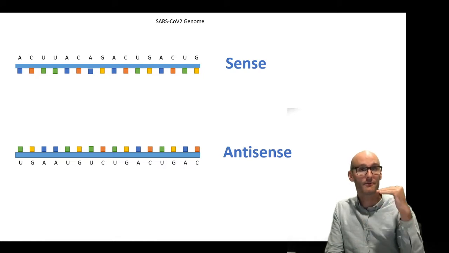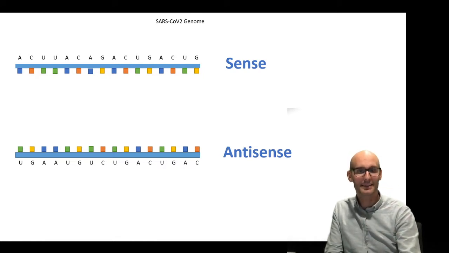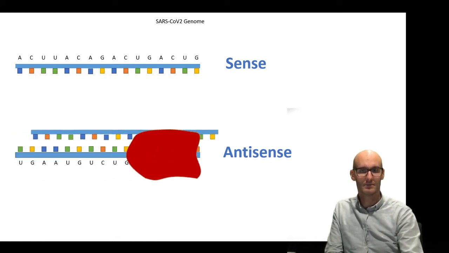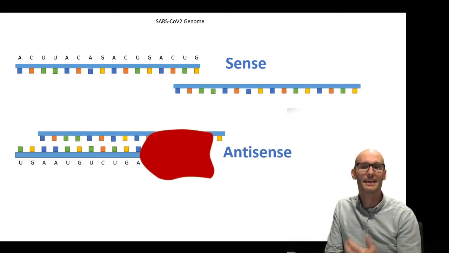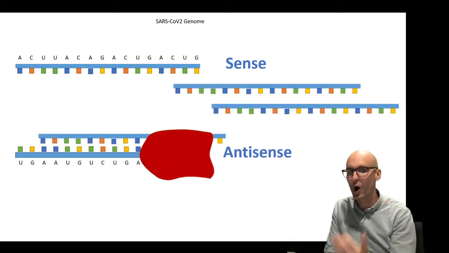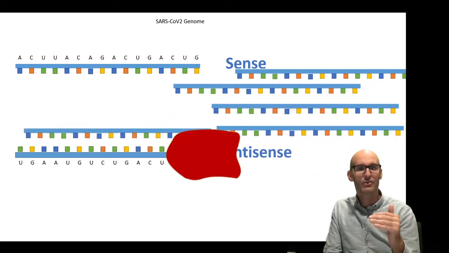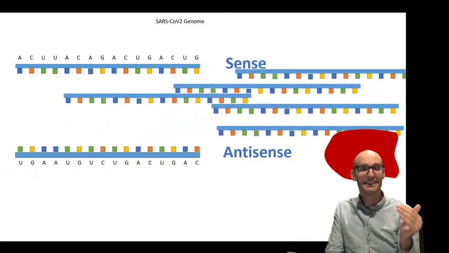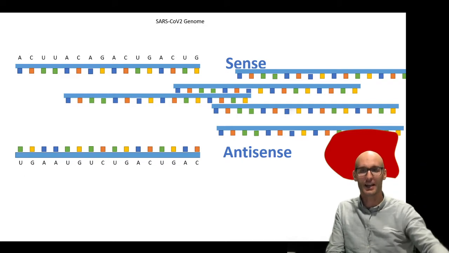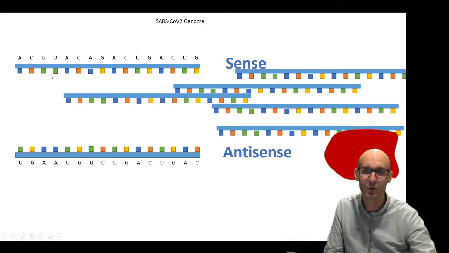for the sense strand to be created from. So what's going to happen next is the RNA polymerase is now going to go over and over and over again on that antisense strand, creating a complementary strand to the antisense strand, which is the sense strand. So now if we look at this, it goes blue, orange, green, green, blue, orange, green, green, blue, orange, green, green, blue, orange, green, green.